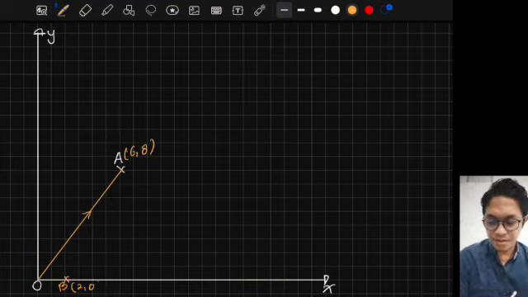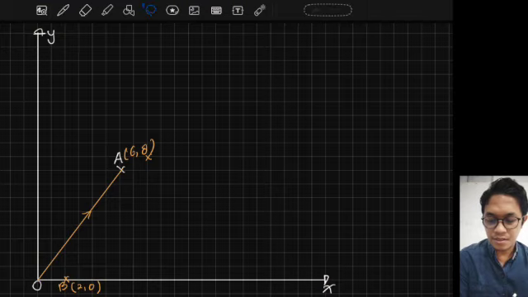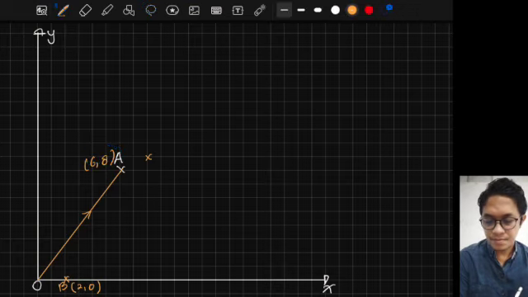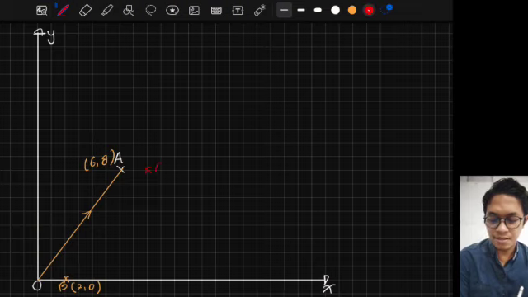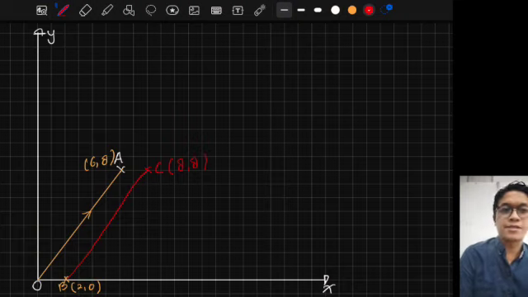And another point here, let's say that's point C. If I make another line here with the same direction, then I have two vectors.